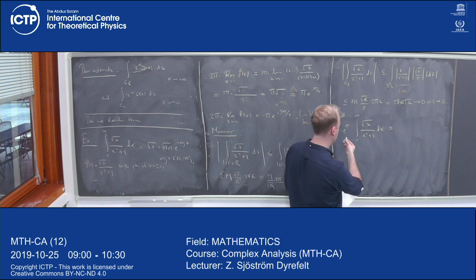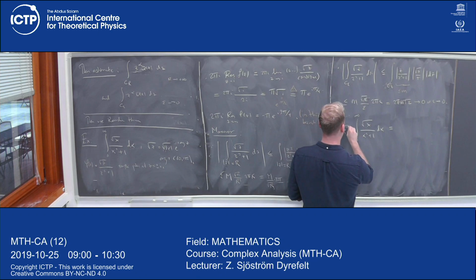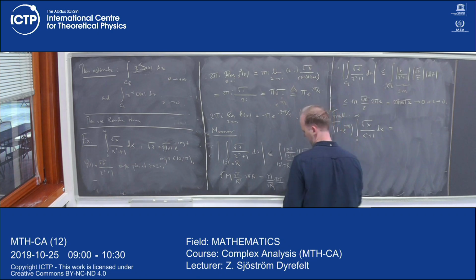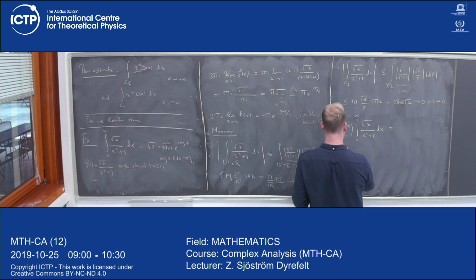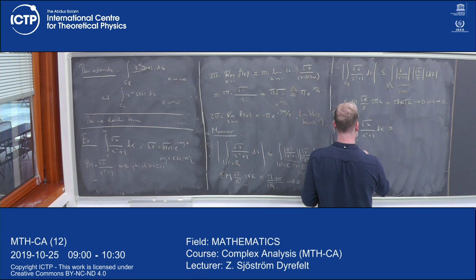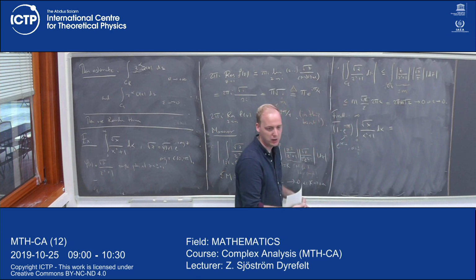But alpha was equal to 1/2 here, because we're doing the square root. So this is 2, okay? But of course you don't have to remember this by heart.